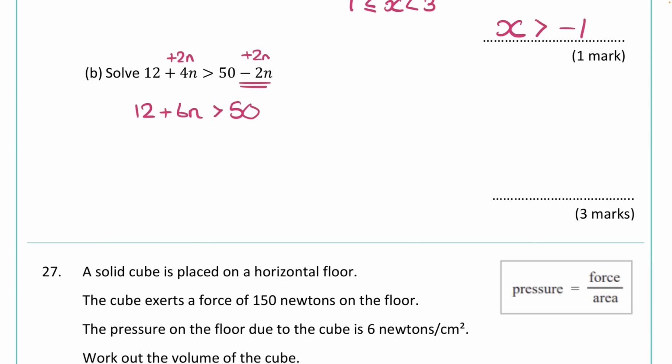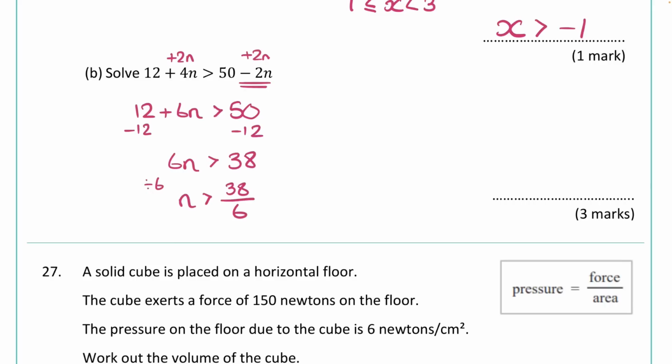We then want to get rid of the numbers as we have the n's together on the left now. So minus the 12. And if we minus 12, we get 6n is greater than, and that goes to 38. And then we want to divide by 6. And if we divide by 6, 38 doesn't divide perfectly by 6. So we could write it as 38 over 6.